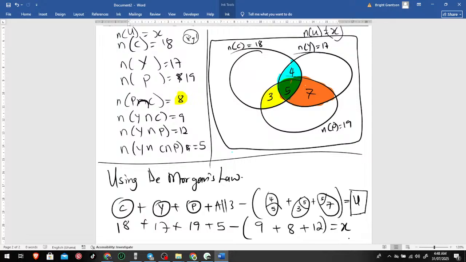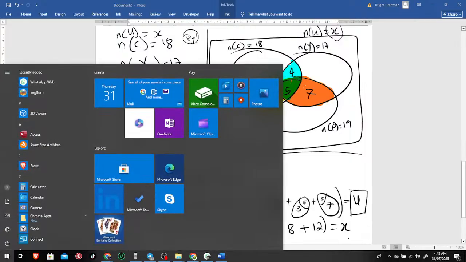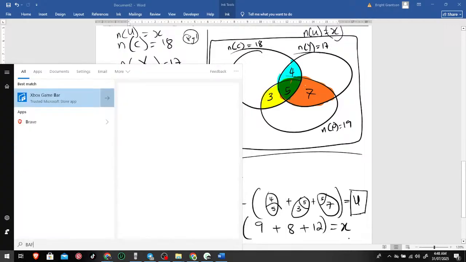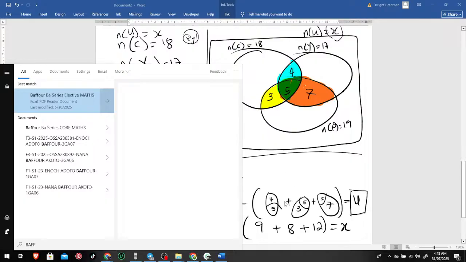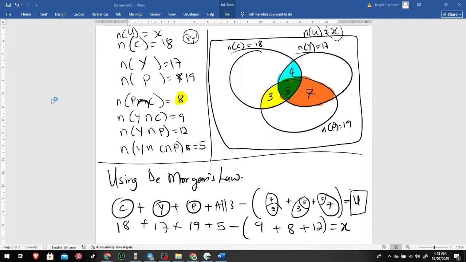Are you okay? So this formula is in a reference book. How many of you are familiar with this formula whenever you're doing Venn diagrams?